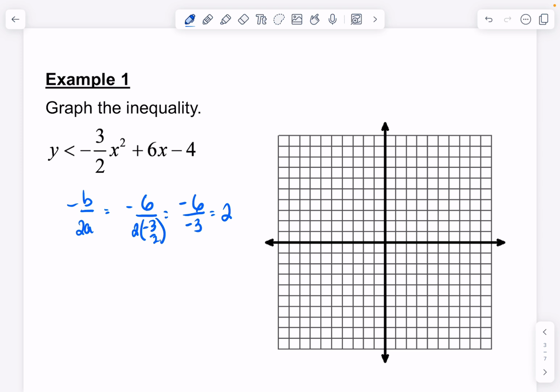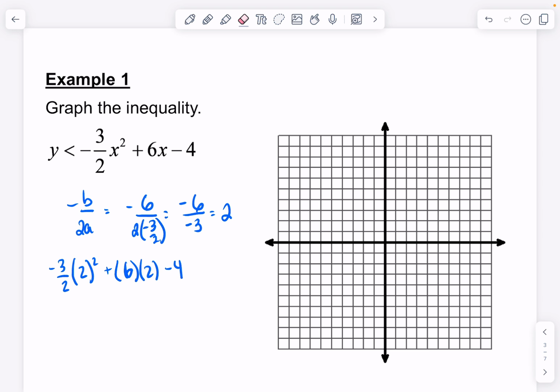Now I plug back in. So I have negative 3 over 2 times 2 squared plus 6 times 2 minus 4. Oh, I need to erase here. So I have negative 3 halves times 4.